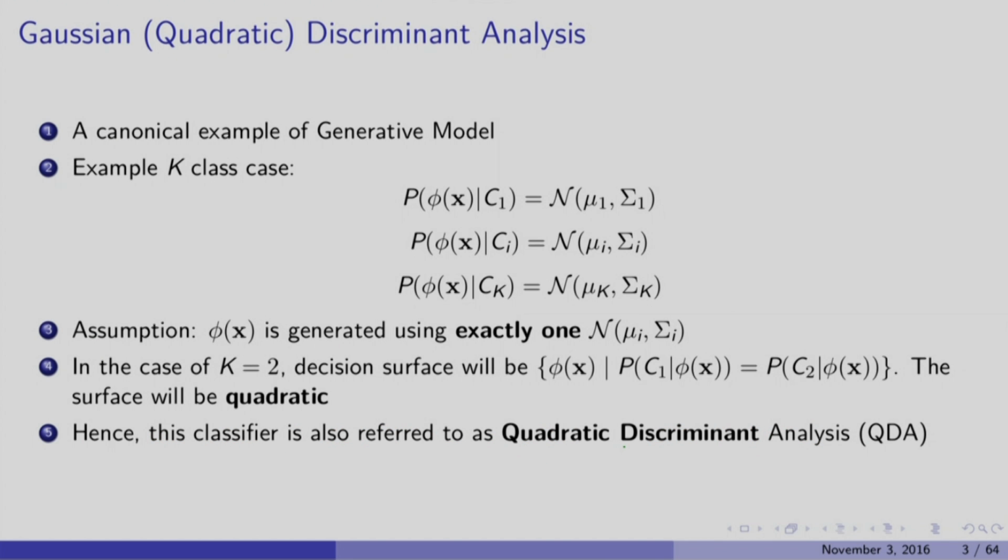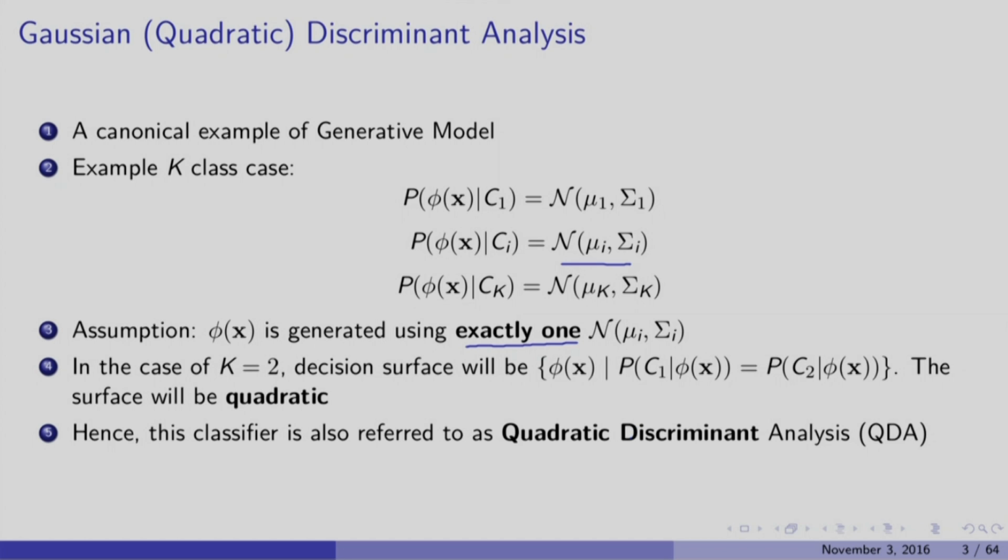Let us consider this Gaussian discriminant analysis as a canonical example of generative models. So for every class Ci, we will have a multivariate normal distribution centered around the vector mu I with covariance matrix sigma I, and we will assume that each data point phi x is generated using exactly one of the multivariate normal distributions.